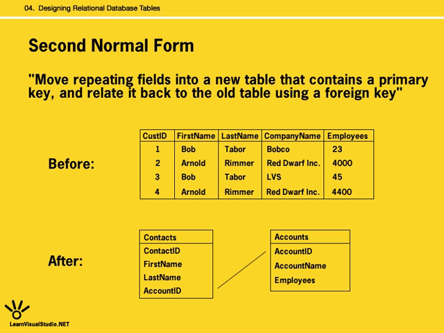The same is true for Red Dwarf Incorporated. As an account, if the number of employees change as our salespeople are going through and updating information about this particular account, then we know that we have the data saved in one place, in one record, and we don't have to do some forensics to figure out which version of the data is most accurate, latest, and most pertinent to our particular query.